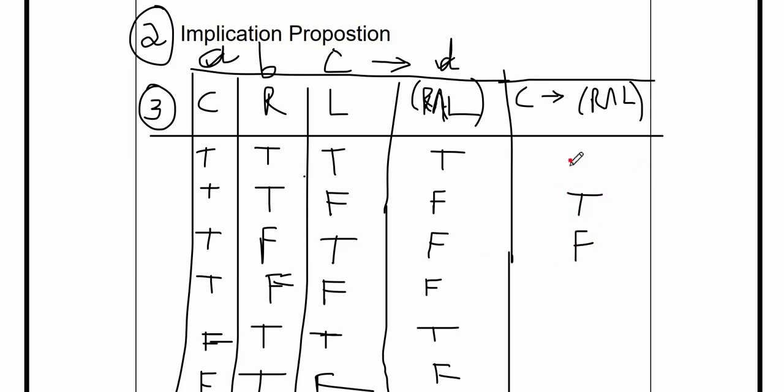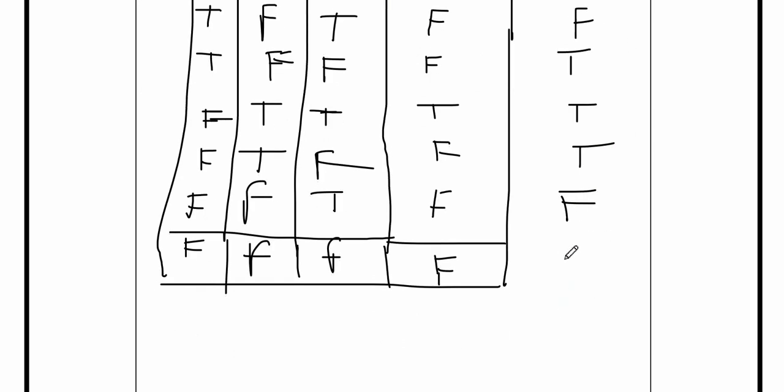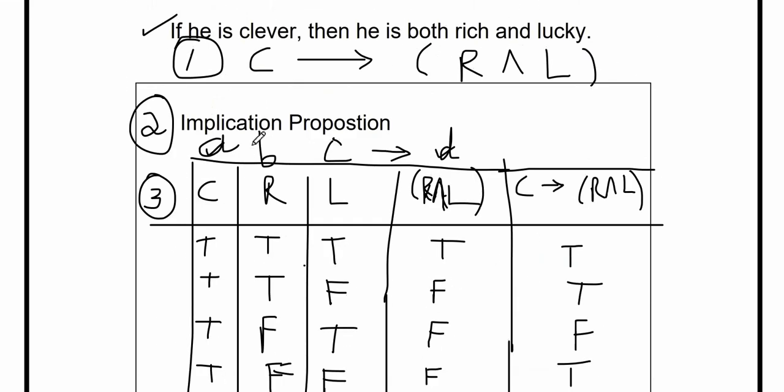Otherwise it is true. This is also true, this is also true, this is also true. Here the premise is true, conclusion is false, therefore it is false. And here it will be true. Okay, so we are done with the truth table here also.